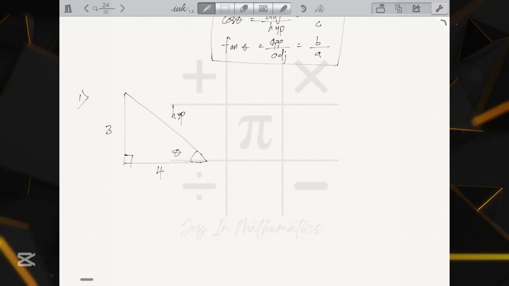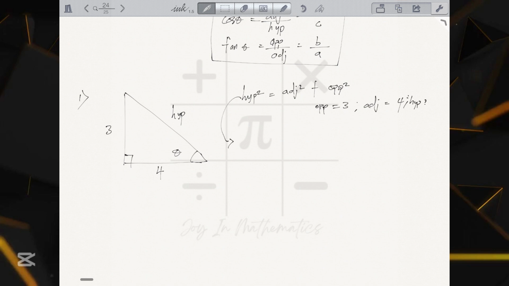Now remember from Pythagoras theorem that hypotenuse squared is equal to adjacent squared plus opposite squared. The opposite is equal to 3 because it is the side facing the angle. Adjacent is equal to 4 and hypotenuse is unknown.